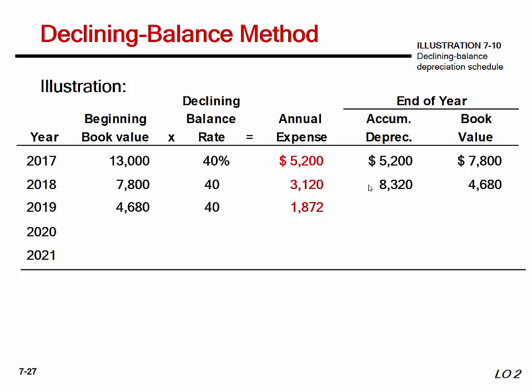We increase depreciation expense by that for that year. And then our accumulated depreciation is going to be last year's total plus the depreciation expense entry amount for a total of $10,192. We can then calculate book value again.